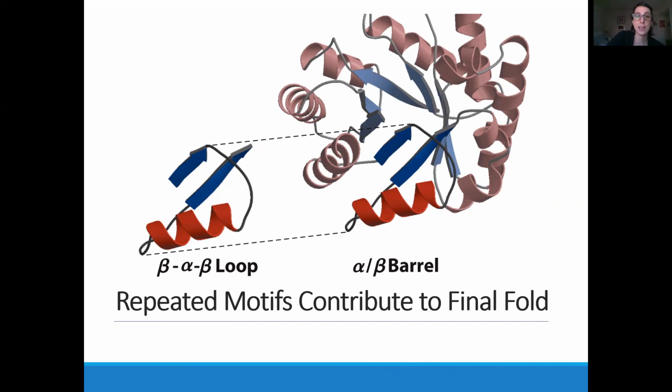So this is a barrel-like rounded structure that's made up of multiple portions of the peptide that are beta sheets interacting within the central region, with the outside region being alpha helices. And remember that these alpha helices and beta sheet portions of the strand can occur at any point along that sequence of amino acids.